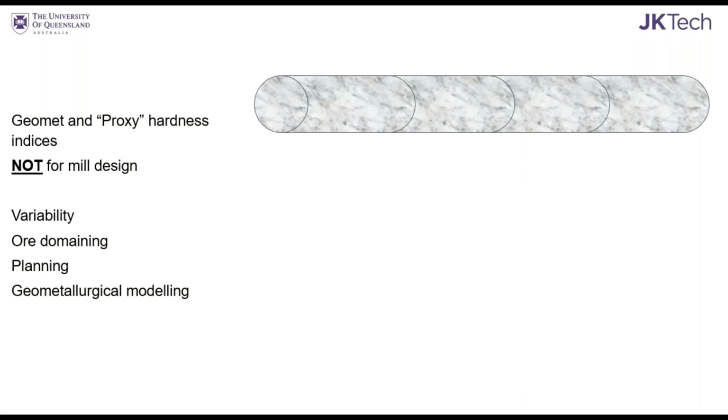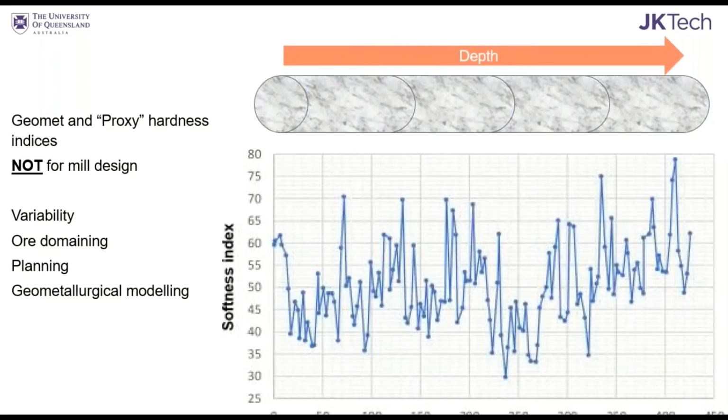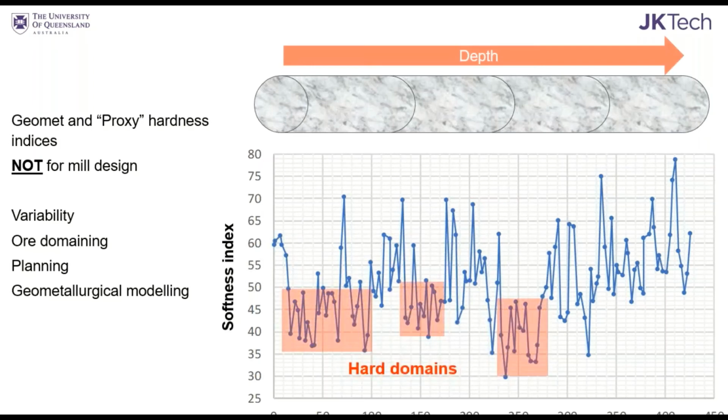Generally, as a metallurgist, we're faced with a lot of core, and this is where the Geomet and proxy tests are good for defining the ore domains. As you go down a bit of core, Geomet and proxy tests can give you some really good data to show where the harder and where the softer domains are potentially within your deposit.